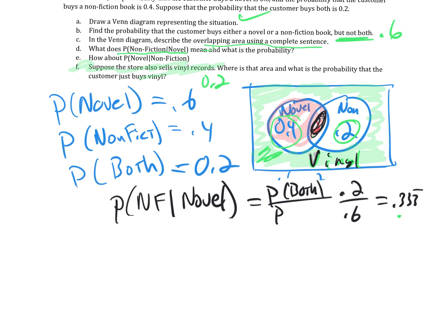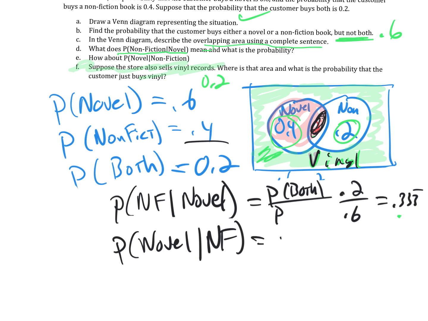What's the probability, then, if we reverse it, of buying a novel given they buy nonfiction? In this case, the nonfiction will be the bottom. So that was 0.4, right? So 0.2 divided by 0.4 is going to be a half.